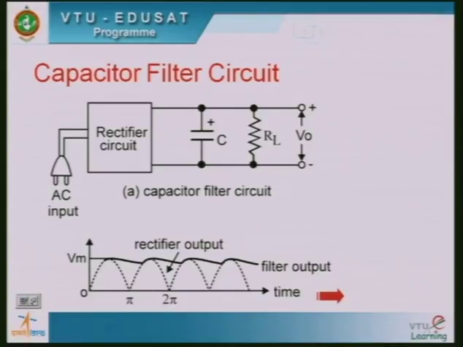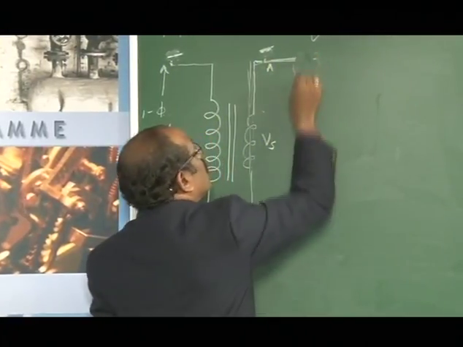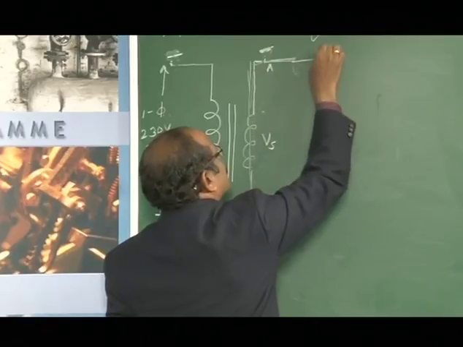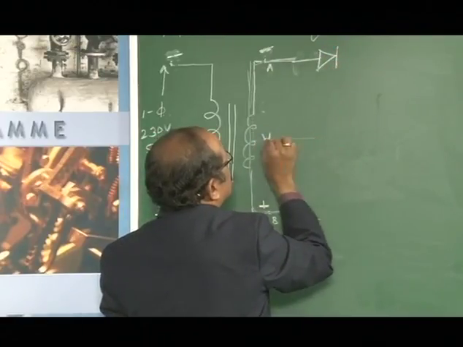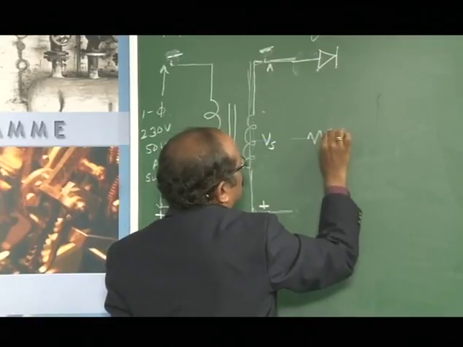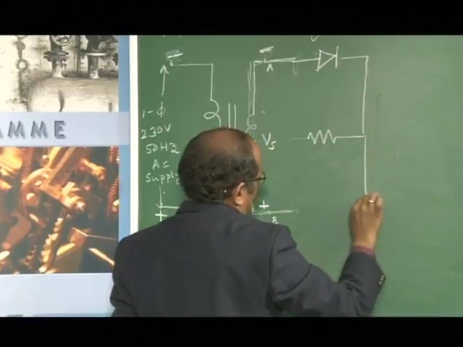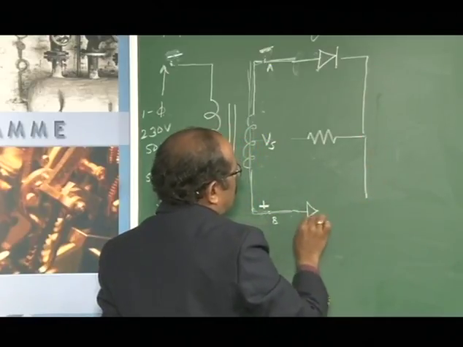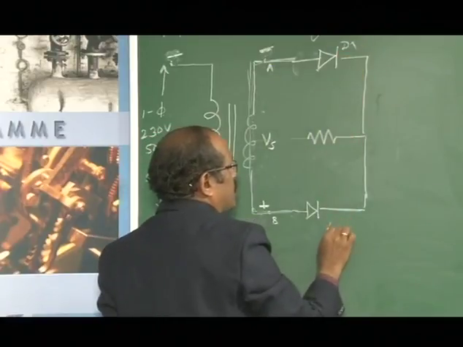You can take any of these circuits, maybe only the half wave rectifier or the full wave. Here let us assume the full wave rectifier, having two diodes. This is called diode D1 and diode D2.